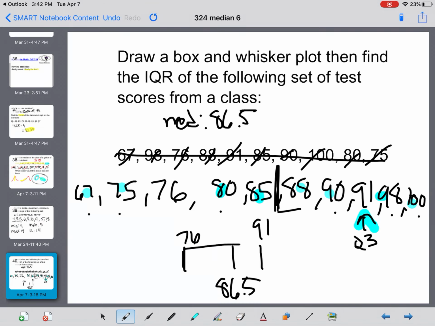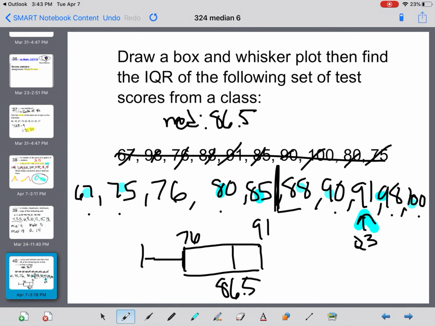So now we have the box part of our box and whisker done. But now we need to make our tails. So if we look at our tails, or the whisker part, well, the space here is going to be about 9. So we'll make it just a little bit smaller than the inside box. We call that about right.